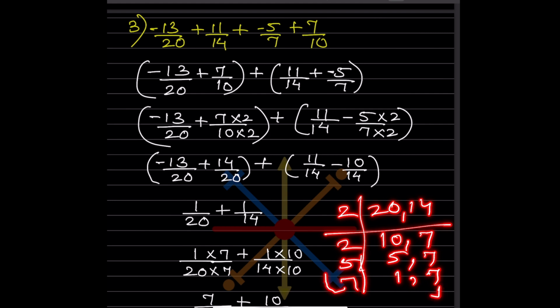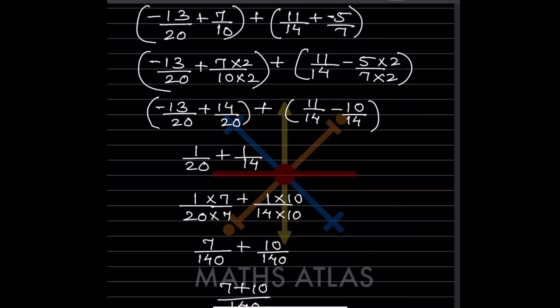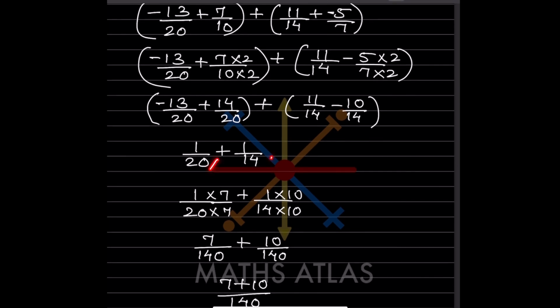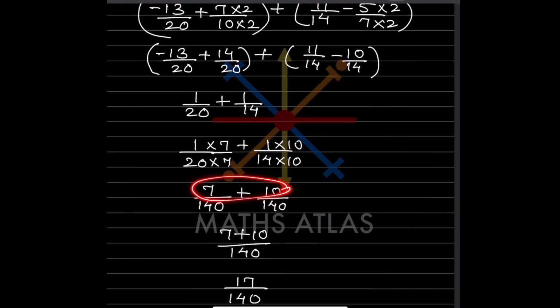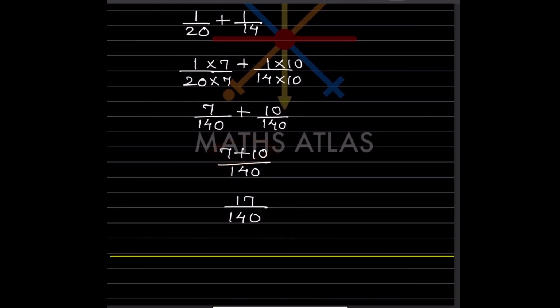So 7 5s are 35, 35 twos are 70, 70 twos are 140. So 140 is the LCM. Here it will go with 7 and here with 10. So you will get 7 by 140 plus 10 by 140. When you add this, that is going to be 17 by 140.